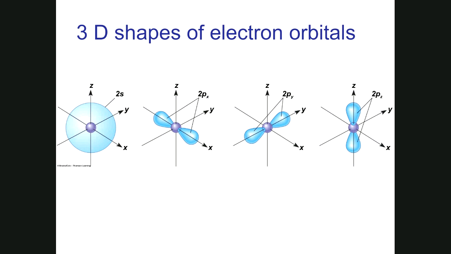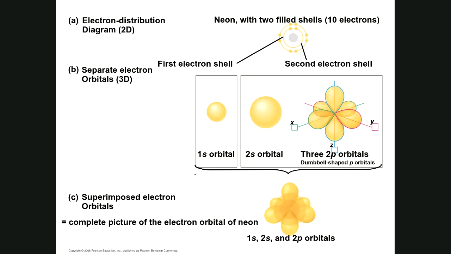When I ask you to write an element in orbital form, this is how I want you to write it: 1s, 2s, 2p. And if you have a third shell, again the s orbital exists in all of them: 3s, 3p, and then 3d, because d exists on the third shell and up.